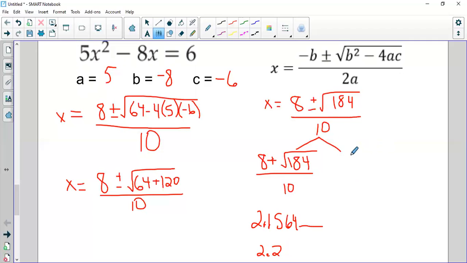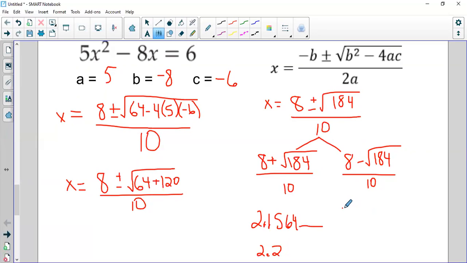And on this side, I'm going to do 8 minus that irrational square root of 184 divided by 10. Same process. 8 minus square root of 184, enter. Gives me a negative 5.564, blah, blah, blah. I'm going to leave that decimal in there, and I'm going to divide it by 10. I'm not going to round until the end.